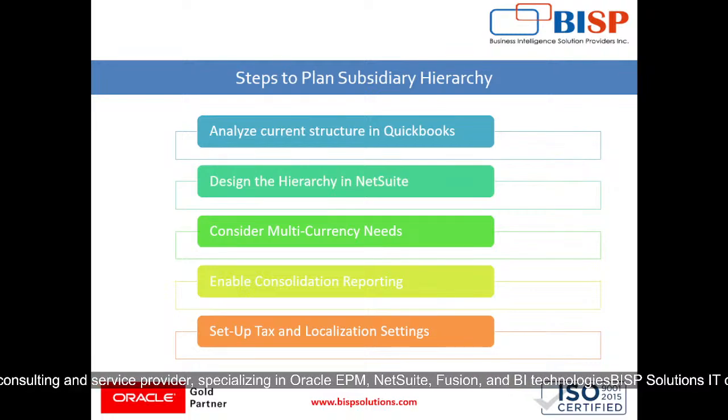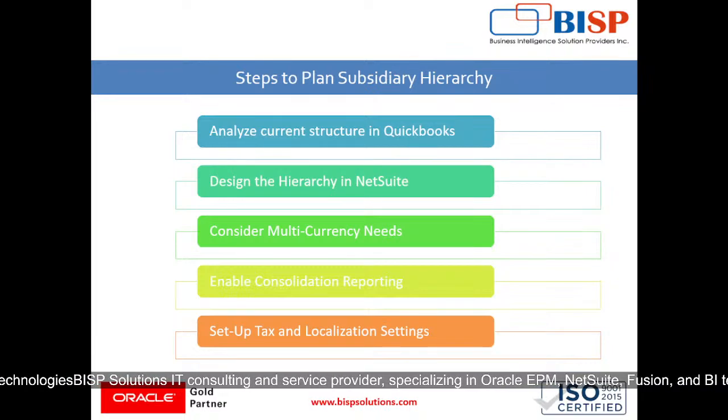For example, parent company, we will be making heading of parent company. Then coming under parent company, there will be a subsidiary A, subsidiary B and subsidiary B1, which is a child of subsidiary B. So this is how we can make parent subsidiary relationship.